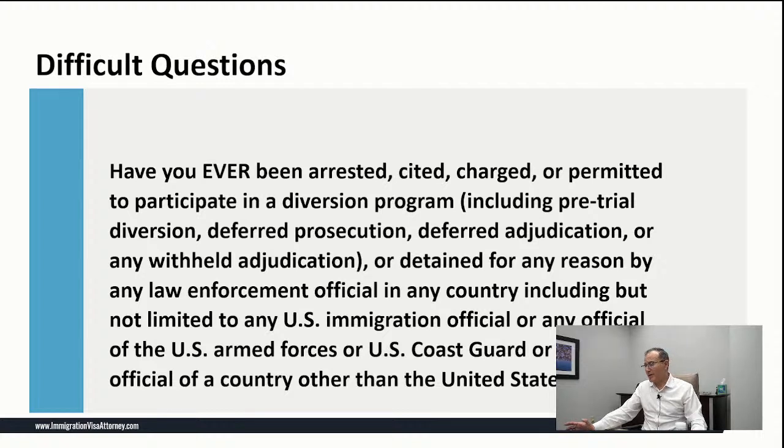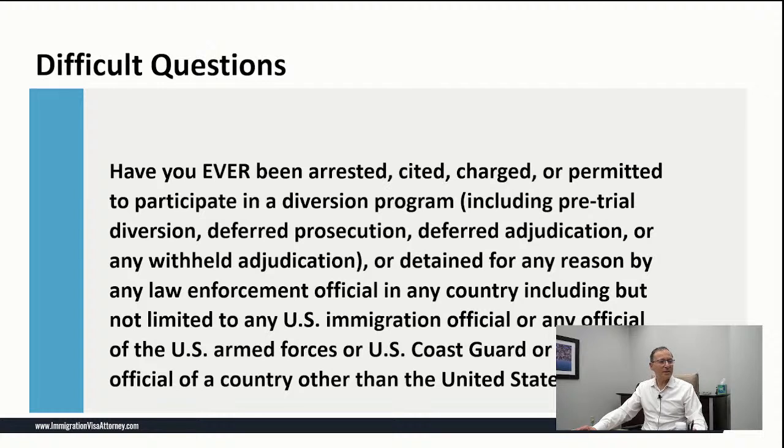If somebody's coming here on a visitor visa, or an ESTA to come in from Canada, from other countries, they don't have access to this information. It's virtually impossible to answer this question correctly, given the circumstances and the complexity of the question.